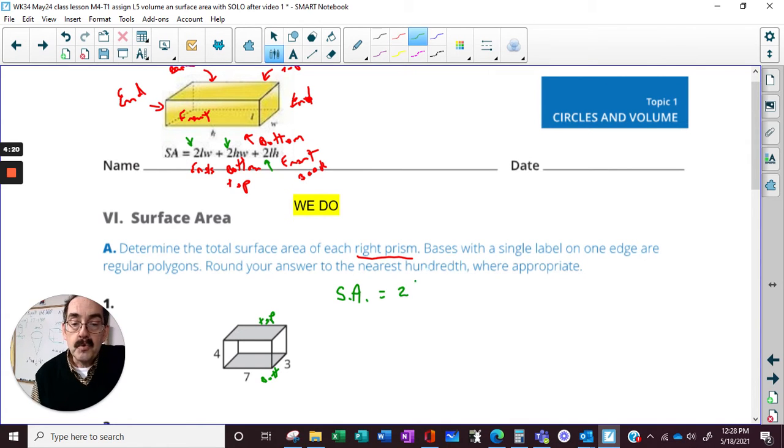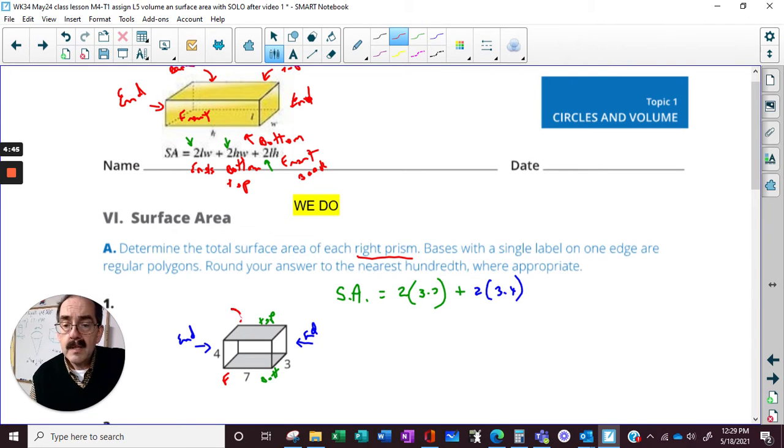There's 2 of those, 3 times 7, plus, let's do the ends. The end and the end, 3 times 4, and there's 2 of those, 3 times 4, front and back. We got the front and the back, 4 times 7, plus 2, 4 times 7.